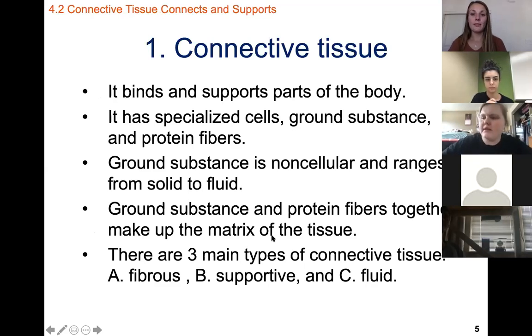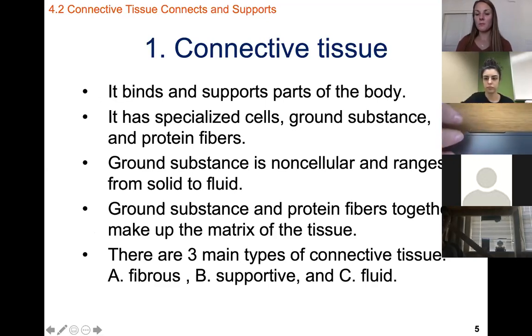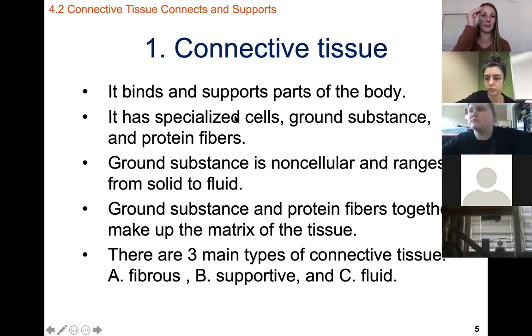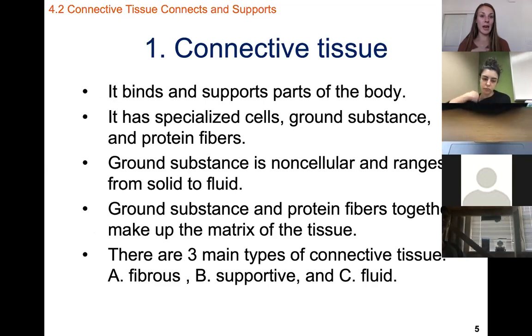So first we have connective tissue. It binds and supports parts of the body. There are 3 main types of connective tissue. If you were to make a flow chart, with number 1 being connective, under that, the 3 categories of connective are fibrous, supportive, and fluid.